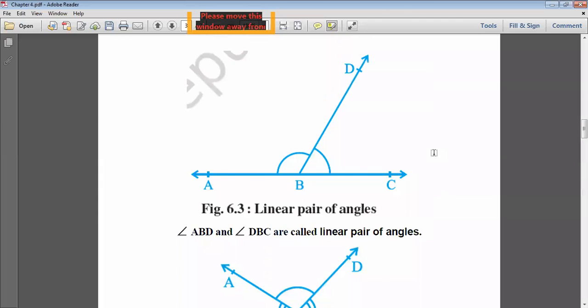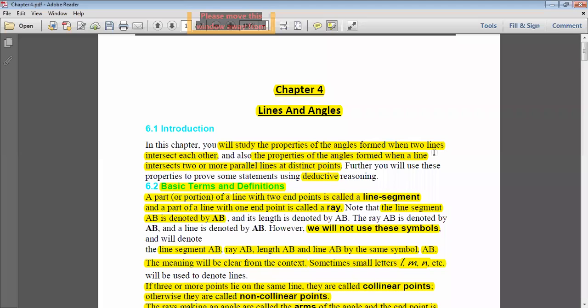Are you all clear about what we had learned in today's class? Yes, sir. I am not going to section 6.4 because before going there, you should be familiar with all these terms.